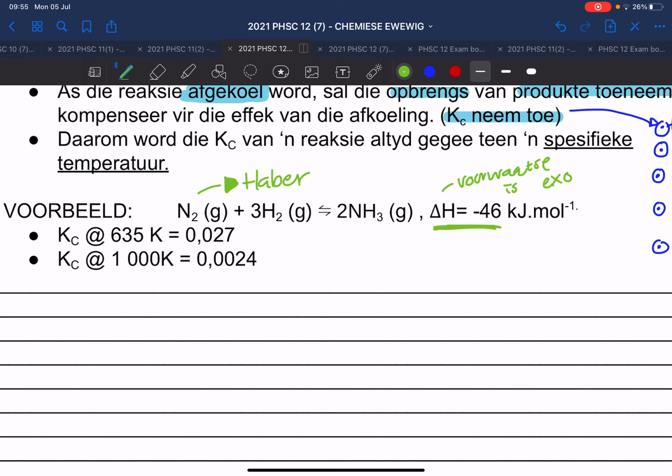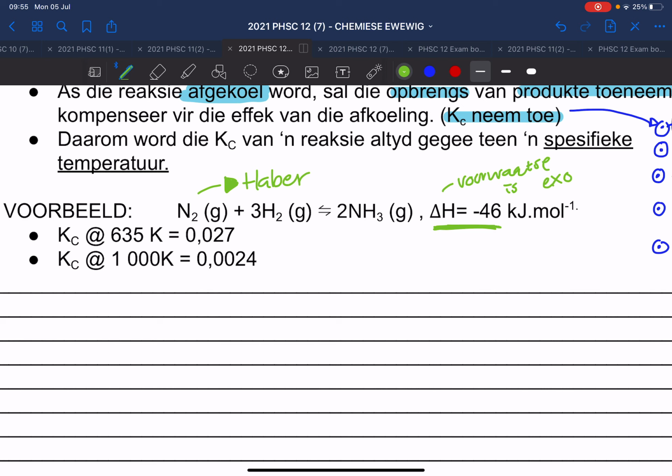Okay, right. So what they give you there is they give you 2 Kc expressions en hulle wil weet hoekom lyk dit so. Okay, dit was 'n lang uitgetikte vraag. They give you 2 Kc expressions at different temperatures, by verskillende temperature, en jy kry dan verskillende waardes en hulle wil weet hoekom. Why when you went from 635 Kelvin to 1000, hoekom jy die temperatuur meer gemaak het die Kc uitdrukking net minder of meer geword?